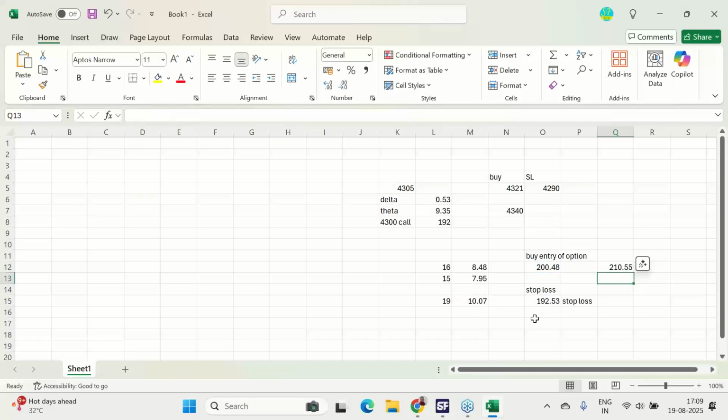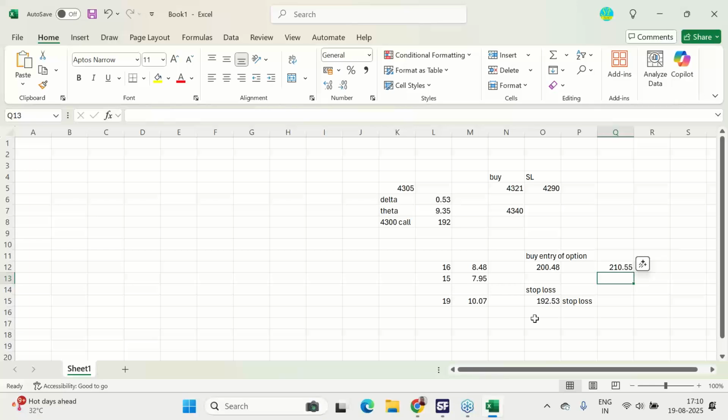So what I'm doing, wherever the Ethereum price is there, I'm taking that. I'm choosing a call option, its premium at that particular time, and that particular call option's delta and theta I'm considering here. So my buy entry I am calculating, my sell entry or stop loss I am calculating.